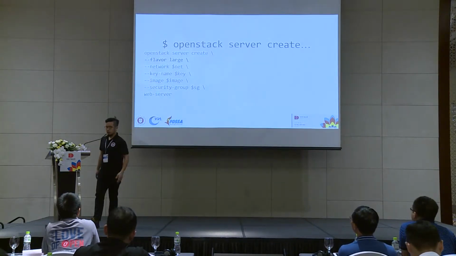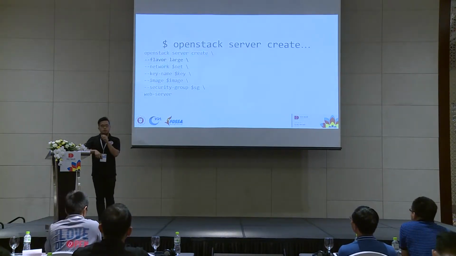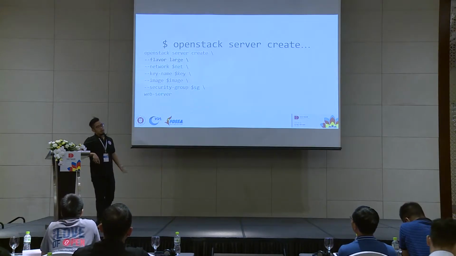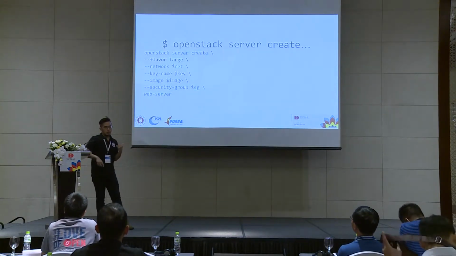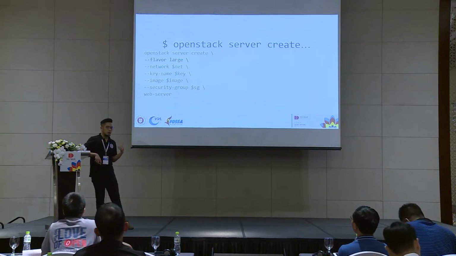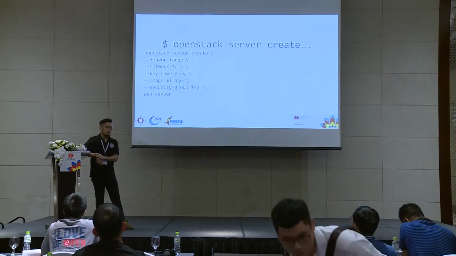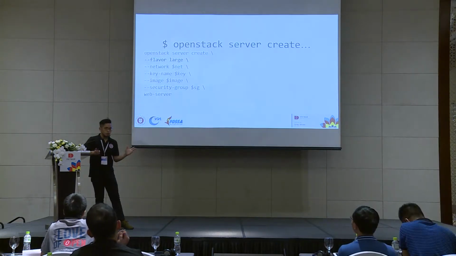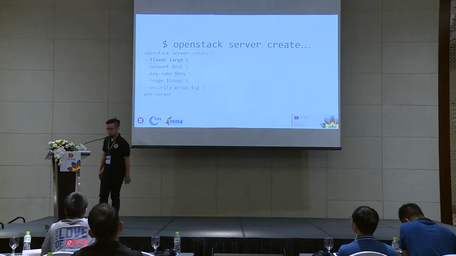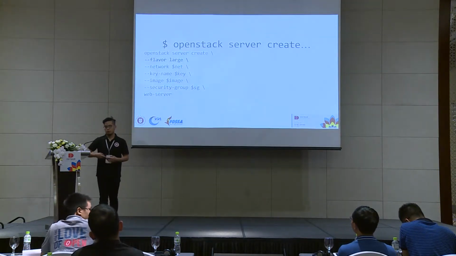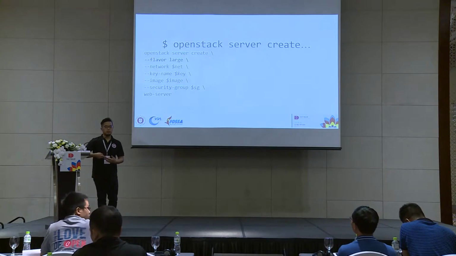Let's start talking about Baremetal. Before we talk about pure Baremetal, if any of you have used the command line to create a server, a virtual machine, an instance in OpenStack, this command won't be unfamiliar. This is the command to create a virtual machine in OpenStack.